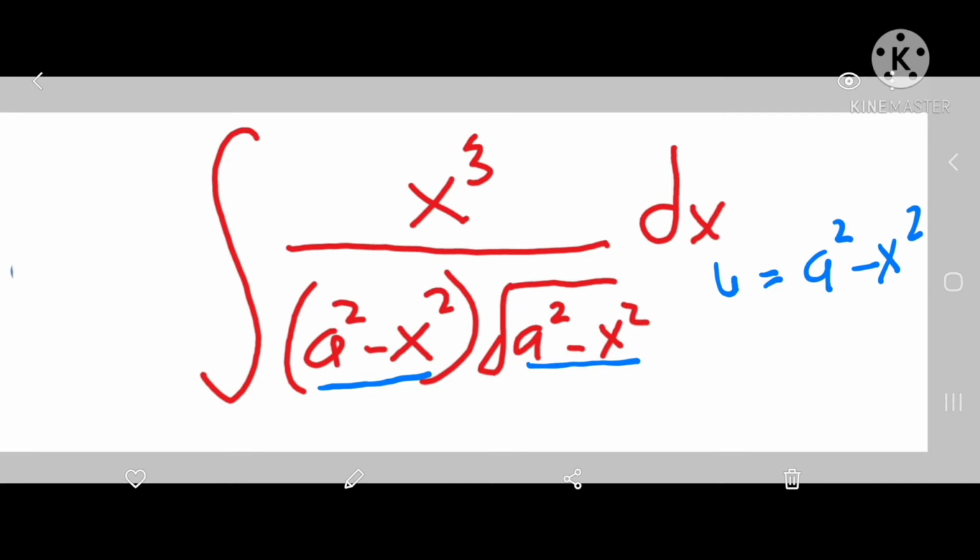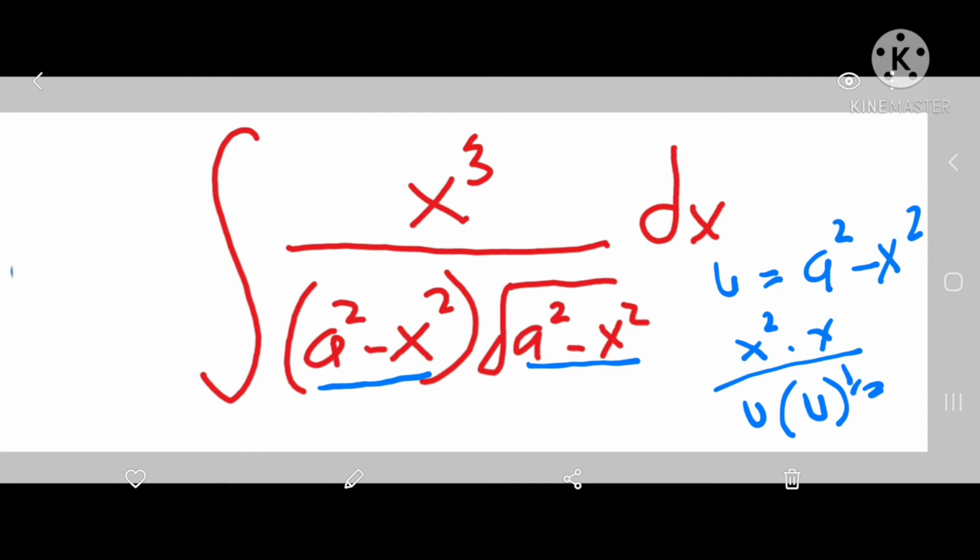If u equals a squared minus x squared, that means we can write the expression as x squared times x, times u exponent half.